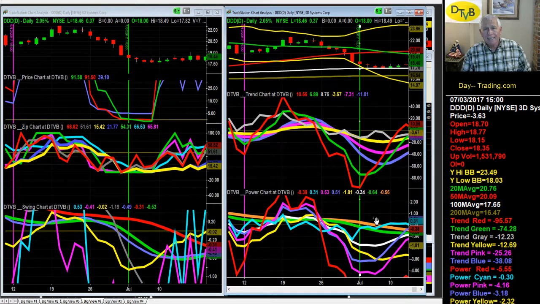But even though you look at the long-term trend line, traders don't use the long-term trend line in their trading activity. We have the 7 short-term trend lines in the 3 groups that make up the short-term trend line. But the short-term trend lines don't identify pullbacks and rallies like trend red and green or zip red or swing pink or all the power lines.